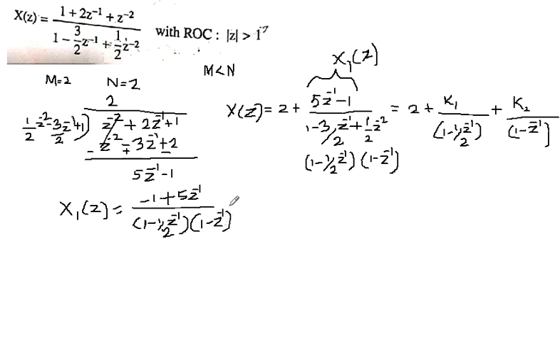So we find the constants of this, wherein this k1 and k2 we can write. So k1 divided by this first root 1 minus 1 by 2 z raised to minus 1, and the other one is k2 divided by 1 minus z raised to minus 1.